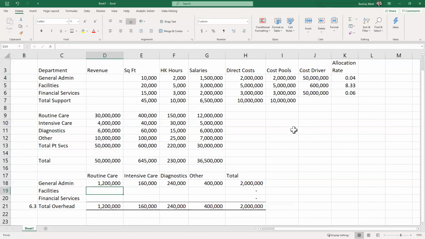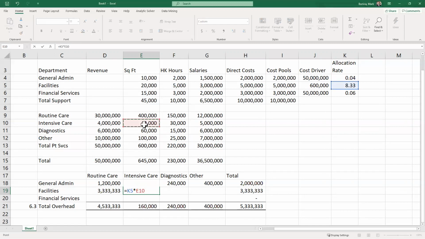Now I'm going to do the facilities allocation. So facilities is $8.33 per square foot times routine care's 400,000 square feet. So that's 3.3 million. $8.33 times the square footage for intensive care, 40,000 square feet. So they get 333,000.